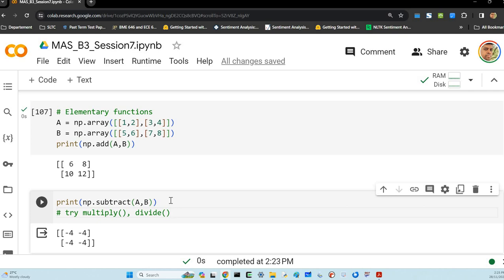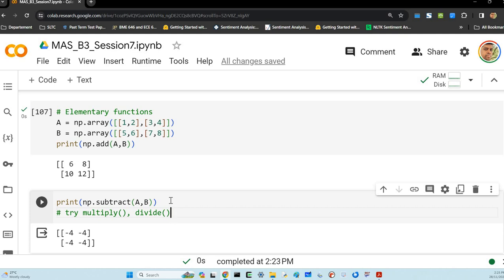So what happens here when you have 1, 2, 3, 4 plus 5, 6, 7, 8? It's element wise. 1 plus 5 is 6, 2 plus 6 is 8, 3 plus 7 is 10, 4 plus 8 is 12. Yes, element wise.